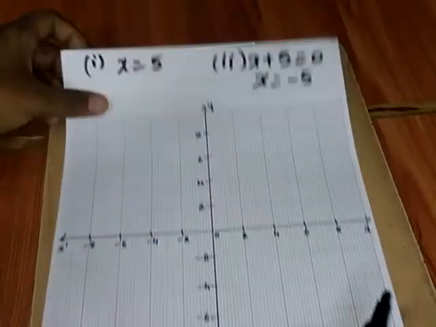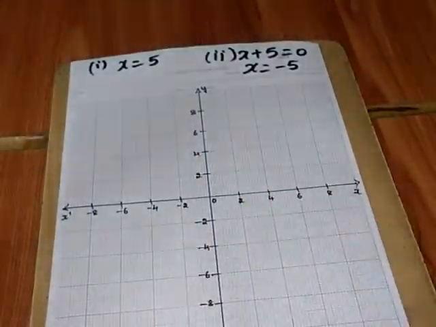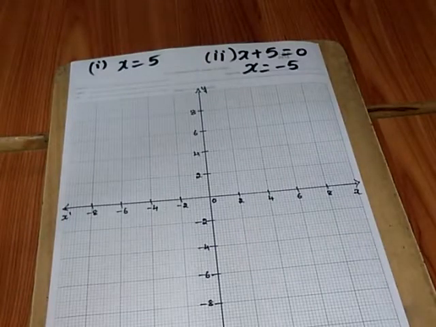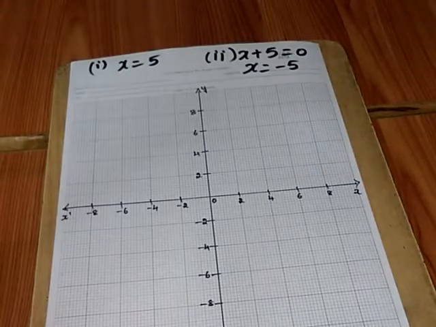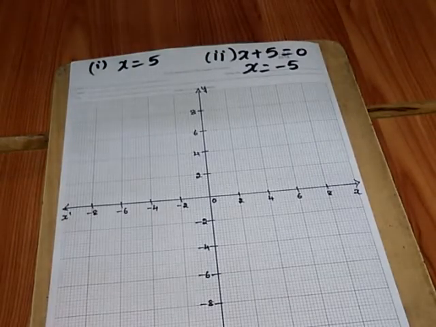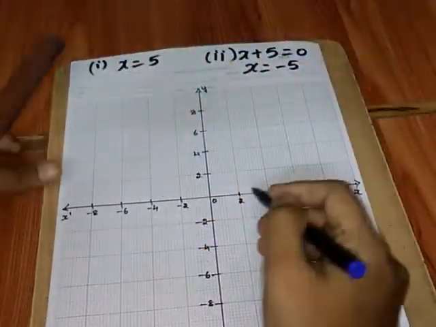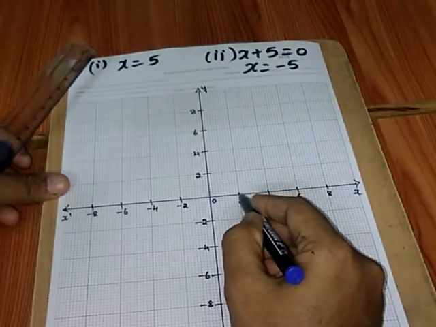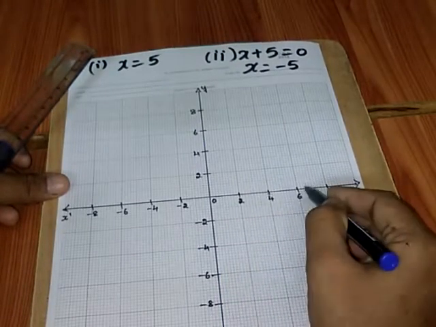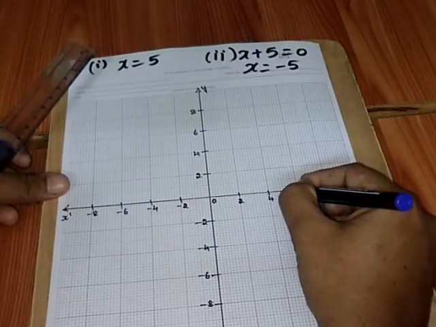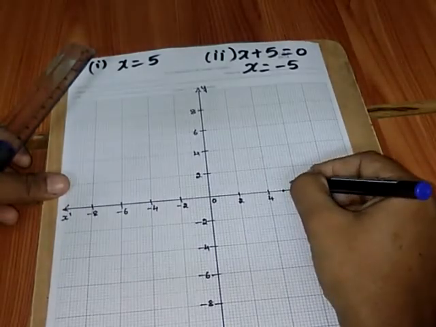As I have already taught you, children, this is the x-axis and y-axis where we have fixed the scale: 2 centimeters is 2 units. x is equal to 5. So where is x is equal to 5? On the x-axis, this is 2, this is 4, this is 6. 5 is in between 4 and 6.